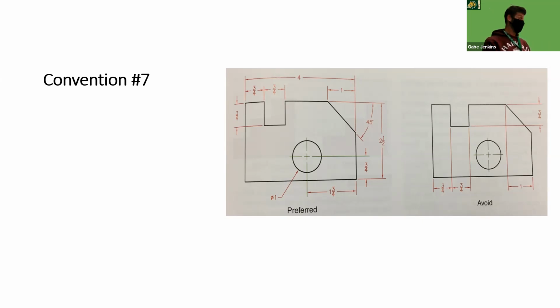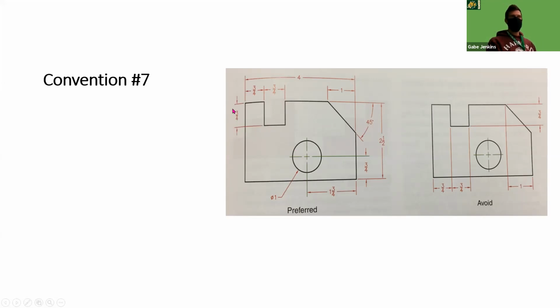Okay, thank you. So earlier we had the rule that we're trying to keep all the dimensions on the outside, right? This one has one extension line that goes in a little bit, but it kind of has to go in, just so we can see that it's pointing to this particular line right there.